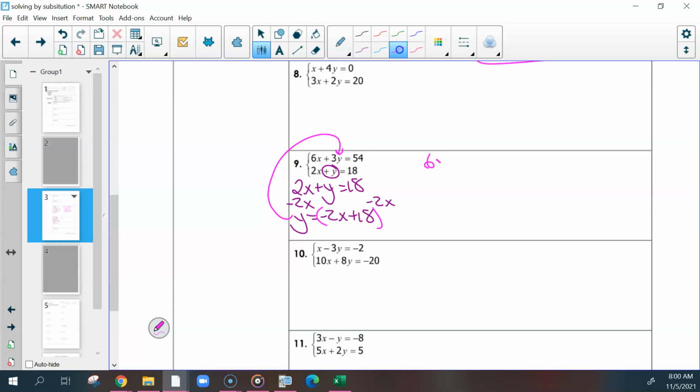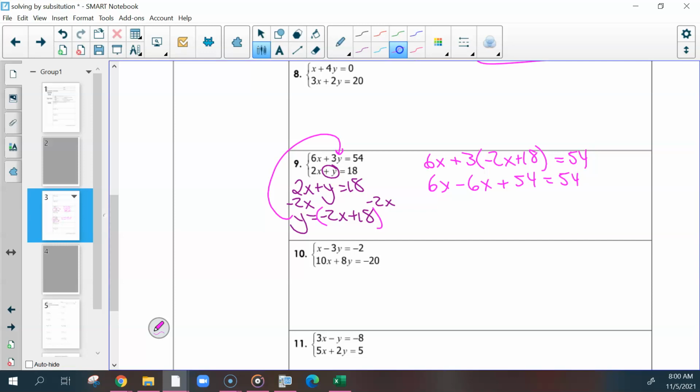So when we rewrite that, it would be 6x plus 3 times everything here, negative 2x plus 18 equals 54. And then we can start solving for x. 6x minus 6x plus 54 equals 54.